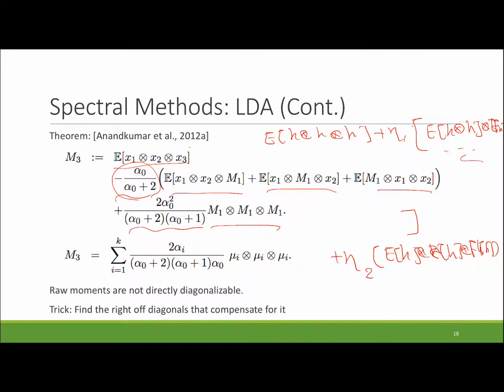And you will get these coefficients. Right? Any questions? Cool.